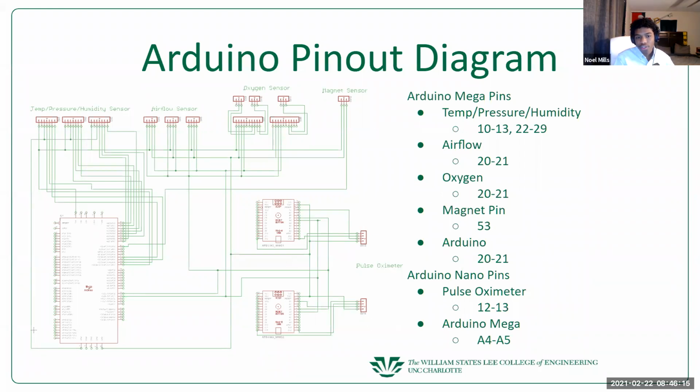So the airflow and oxygen sensors have an address assigned to them, so that when we read from our Arduino Mega, we basically say we're reading from this address, and it pulls it from that sensor. So we'll be able to read straight from patient one's Arduino or straight from one of the airflow sensors without having to use a different pin.